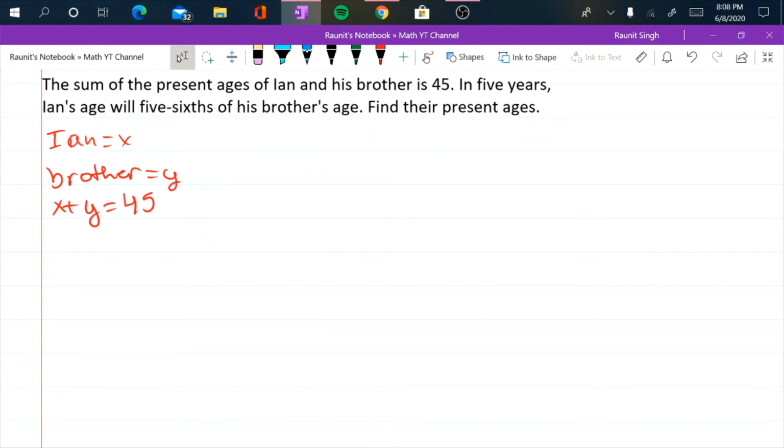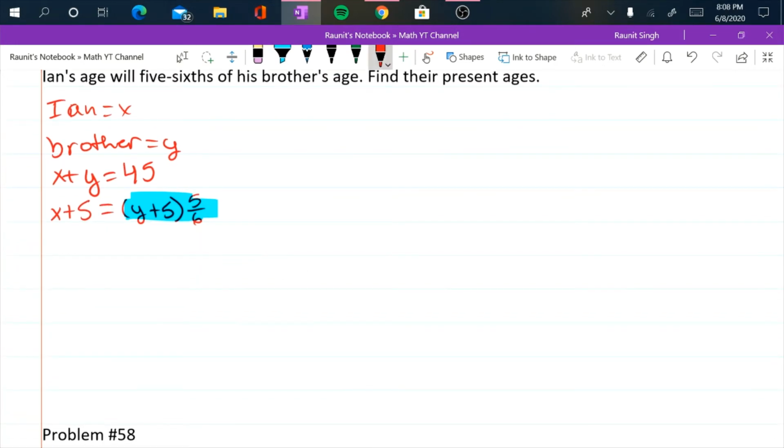So since we know that in 5 years, Ian's age will be 5/6 of his brother's age, if we do X plus 5 equals 5/6 of Y plus 5, this right side is right, because 5/6 of Ian's brother's age is his age, so that's right.